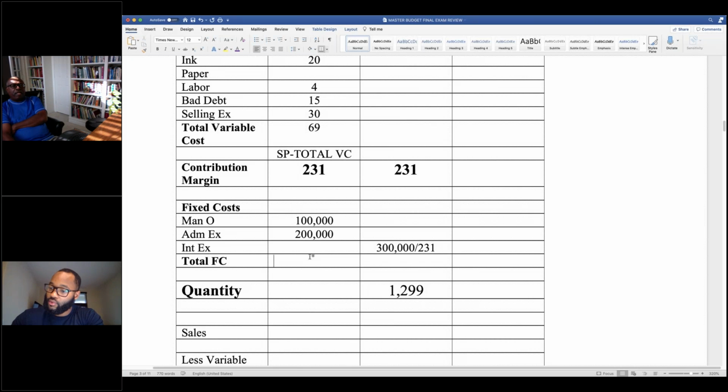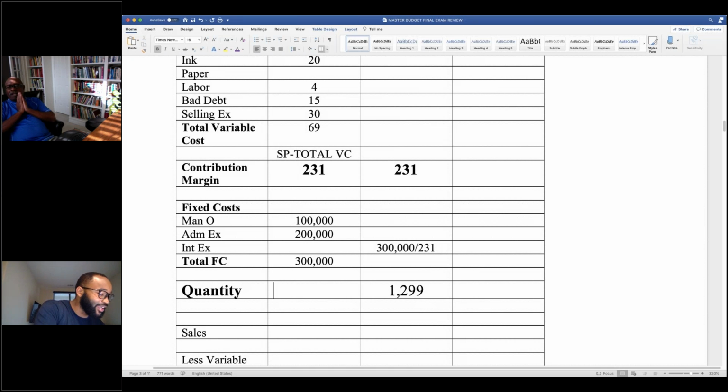So can you calculate the quantity now, Terrell? The quantity is going to be the contribution margin minus 100 divided by the fixed cost, right? You better learn those formulas.